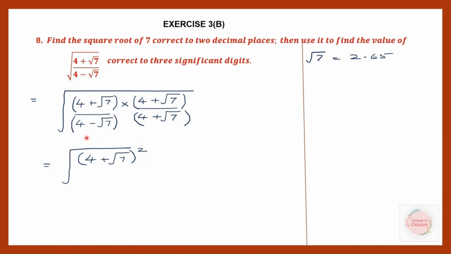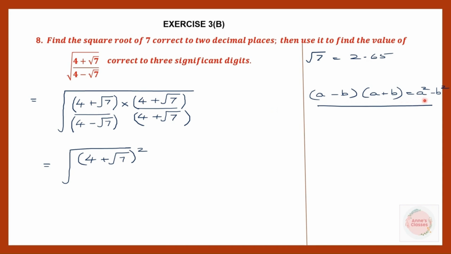Now look at what we have down. We have 4 minus root 7 and here 4 plus root 7. This is in the format of a minus b into a plus b. So in that case, what do we have? This becomes a square minus b square. That is 4 minus root 7, 4 plus root 7, which is like a minus b, a plus b.